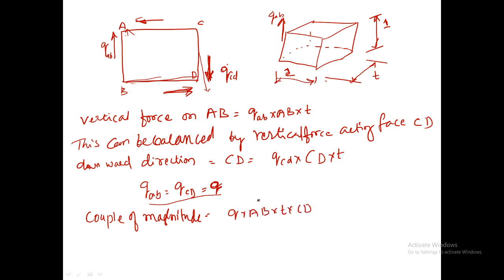This is the couple of magnitude. Again, this can be balanced by another couple which is going to form over the surfaces AC and BD.